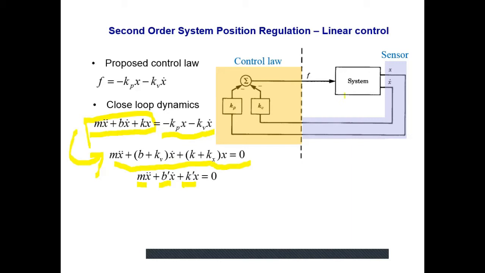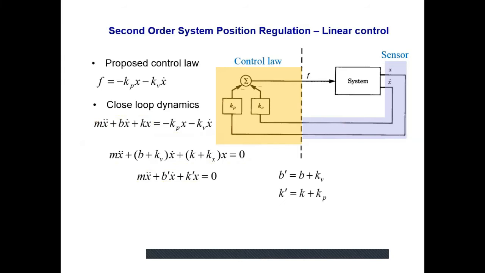This system is free from any external force. B dash is equal to B plus Kv, K dash is equal to K plus Kp.